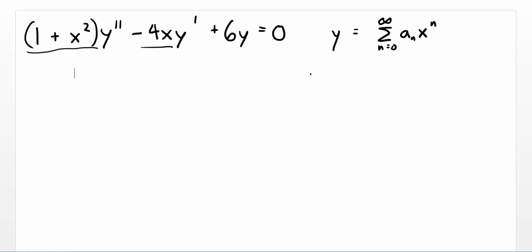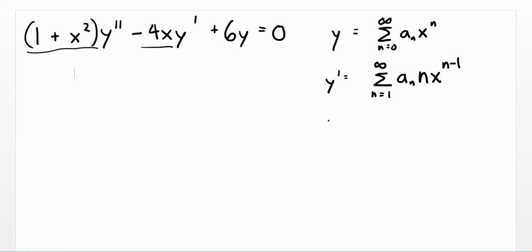So in our problem we have no derivative, the first derivative, and a second derivative, so we're going to need the first and second derivatives. So let's do that again. The first derivative is, remember that the sequence index is up 1 now, so we start at 1 instead of 0, and we have a sub n times n, x to the n minus 1.